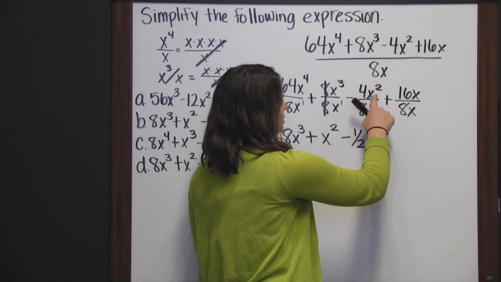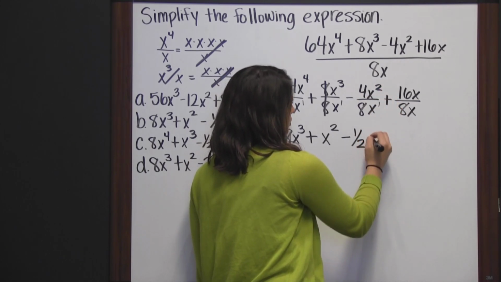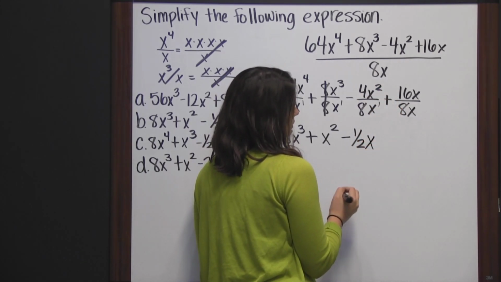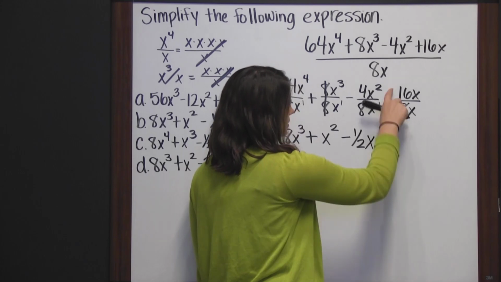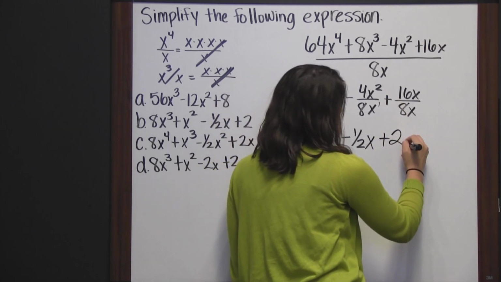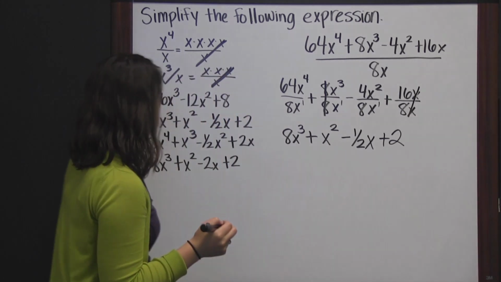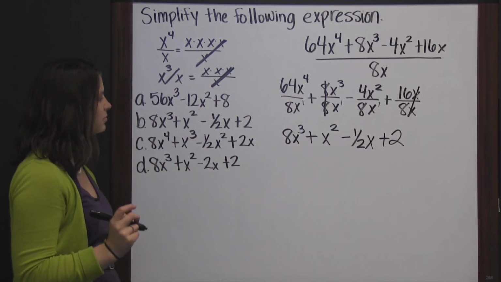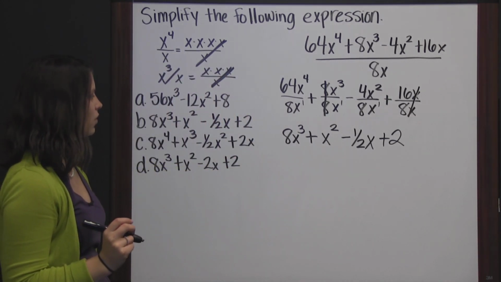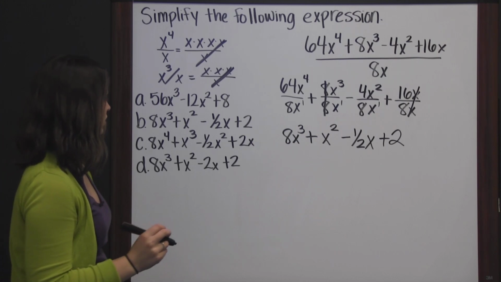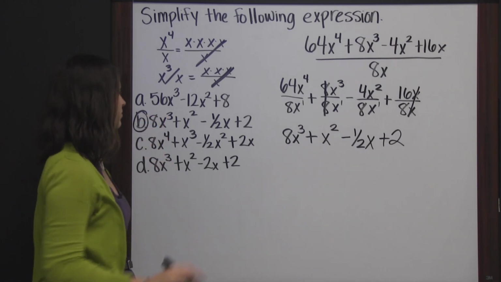So now we have x squared minus 1, or just x, plus 16 divided by 8 is 2, and x divided by x is 1. So our answer is 8x cubed plus x squared minus 1/2 x plus 2, which is answer B.